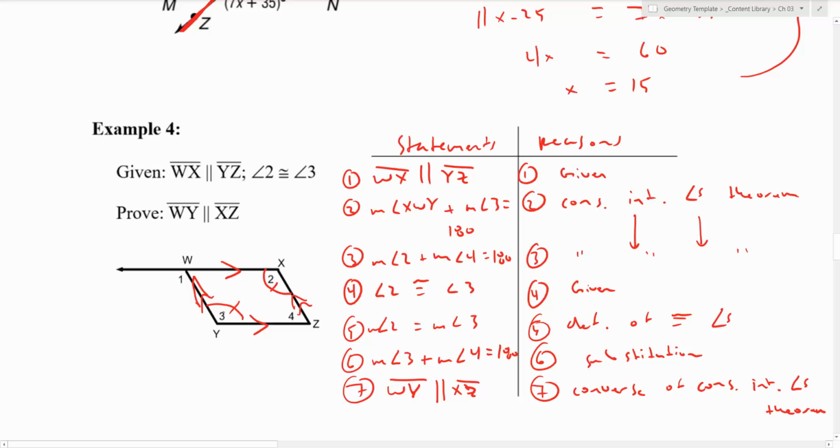So if angles 3 and 4 are supplementary, then WY and XZ must be parallel, and that's through the converse of the consecutive interior angles theorem. We know that these are consecutive interior angles, and we know that they are supplementary. So in fact, WY and XZ must be parallel. They're cut by this transversal.